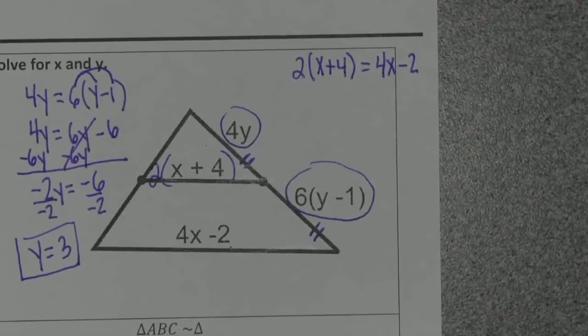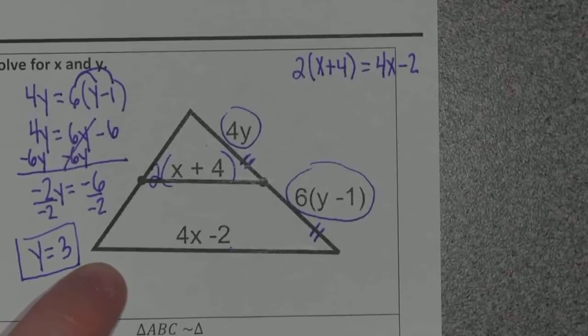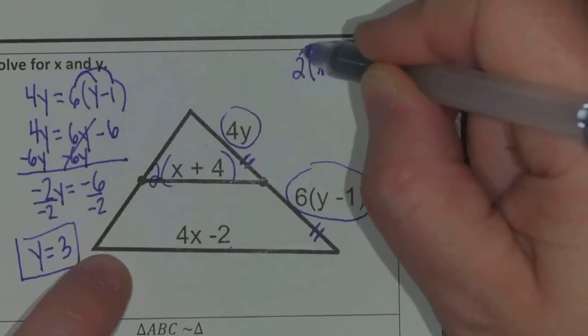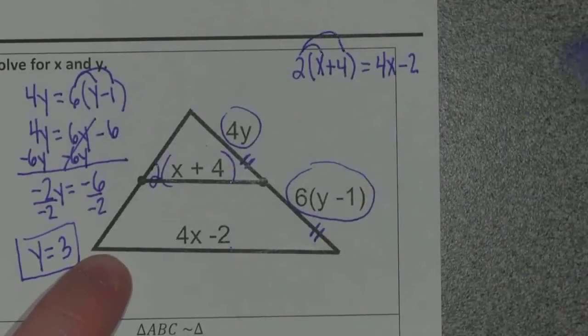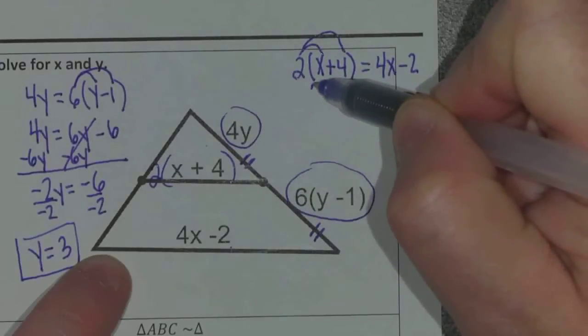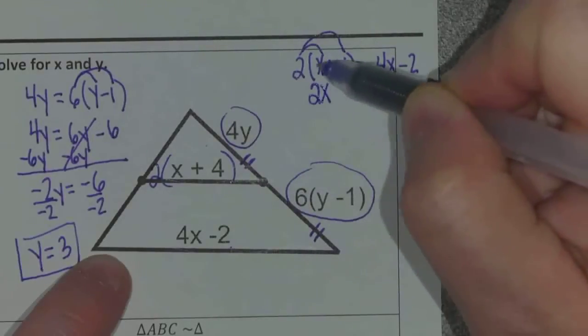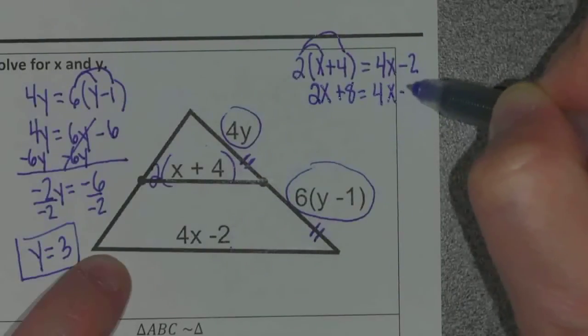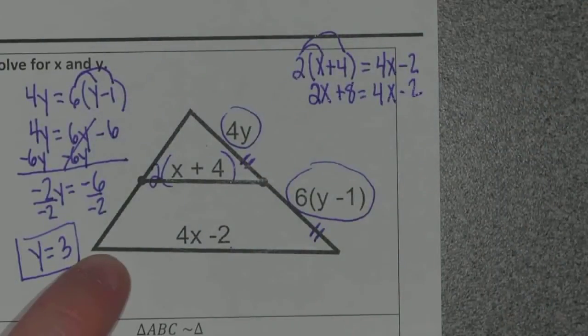Because I know that the mid segment is half the size of the side that it's parallel to. Now what am I going to do to solve this one? I'm going to distribute first. Good. So what do I get when I do that? Yep. Perfect. And then it's still equal to 4x minus 2. Now, I like to isolate my variables, get them all on one side together.